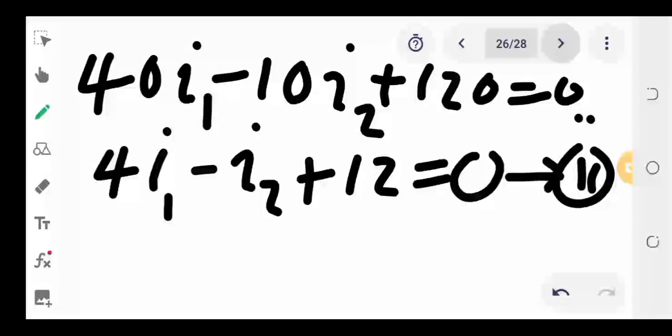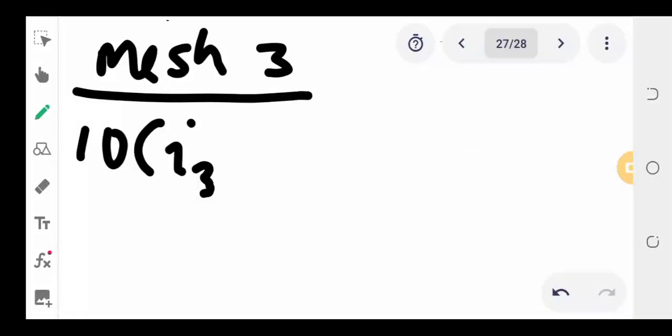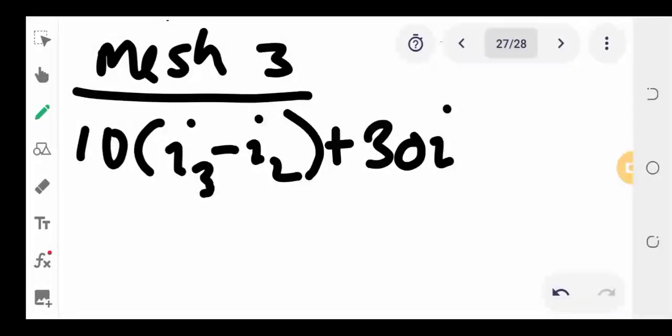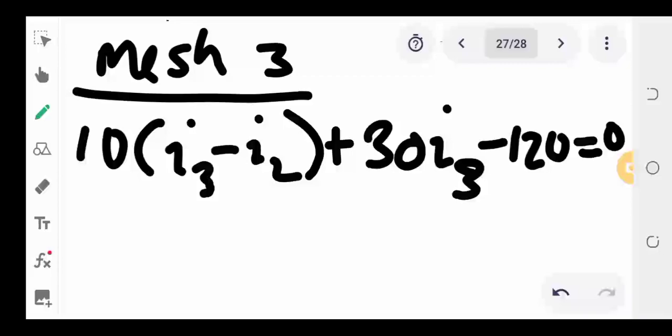So let's go back and write the equation. We have 10 times (I3 minus I2) plus 30 I3 minus 120 volts.